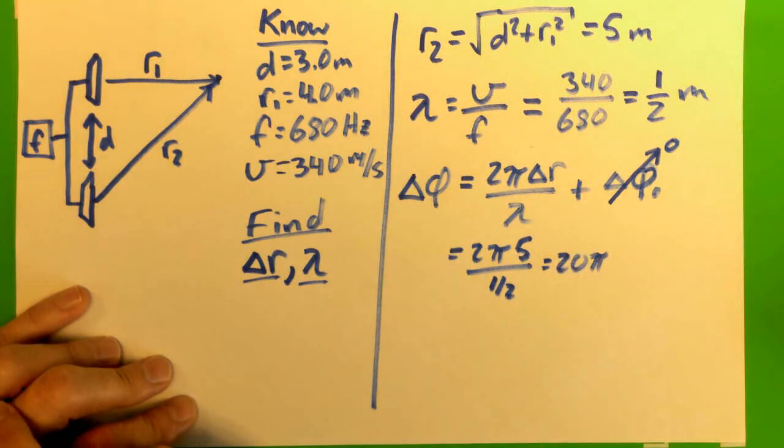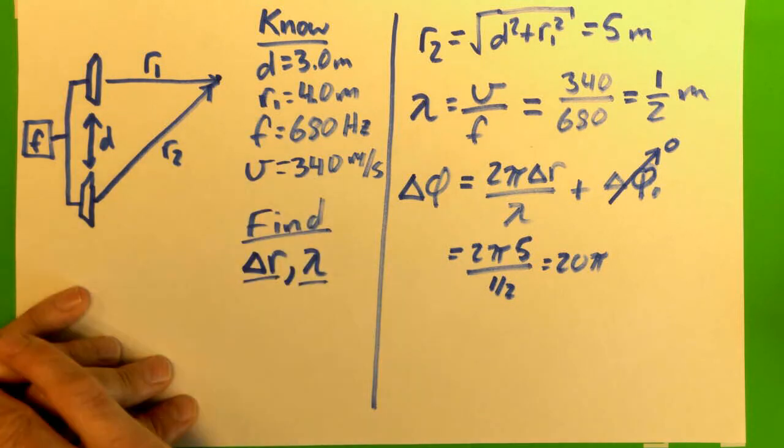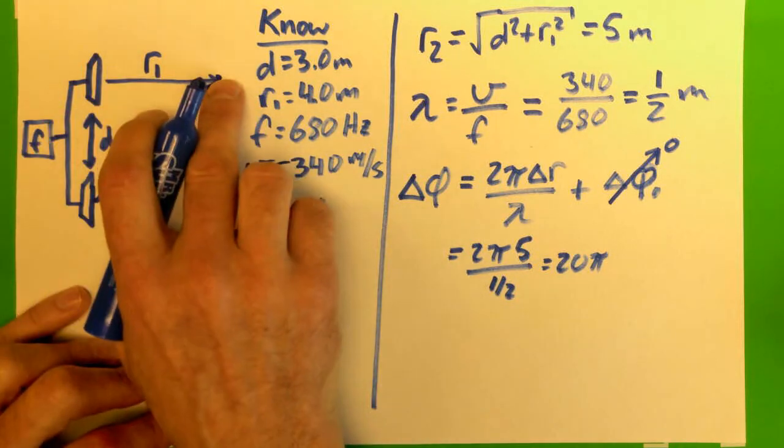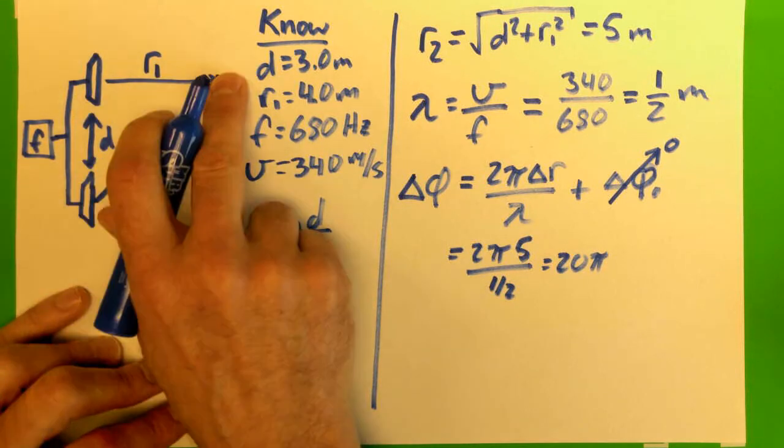And that is an even number of pi, which means that it's a full cycle. So this is a full cycle different, or multiple full cycles, or an even cycle different. So if this one has a crest, then this one has a crest. This one has a valley there, then this one has a valley there.